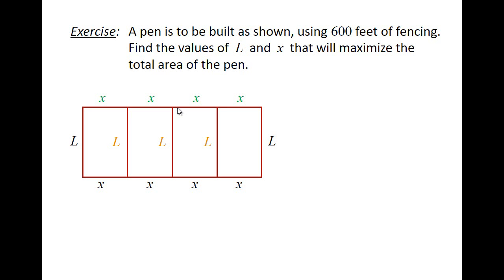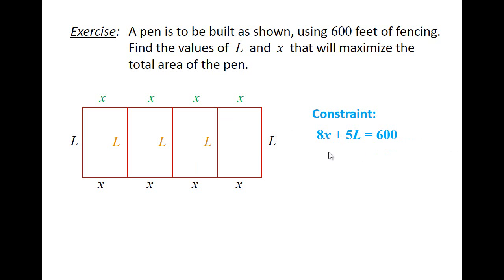So the total perimeter of these rectangles here is 8x. I have 4x here, so that's 8x, and then I have 5L. So 8x plus 5L, that's the total amount of fencing I need, and that's equal to 600.